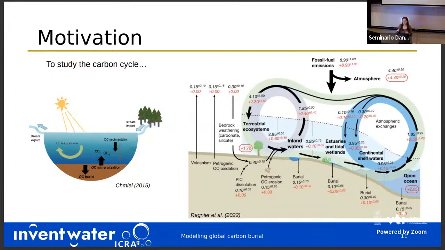If we look at it at the ecosystem scale, which is the left side picture, we see in a very simple way the main processes that are involved. So the water body receives the carbon load in the sediments and the organic matter. And then this can be sedimented. It can stay in the sediments and be buried there.